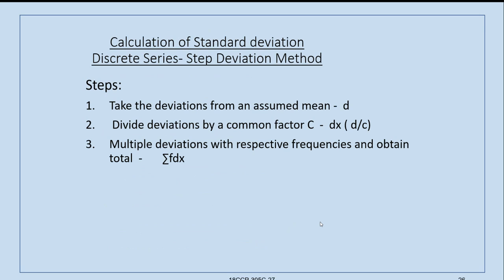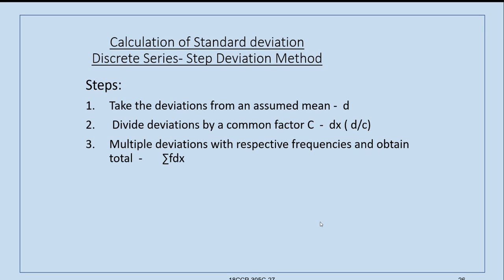Now, calculation of standard deviation from a discrete series, step deviation method. The steps are: take the deviations from an assumed mean, that is d. Everything we have done in the second method we will do here, but one thing is we will take a common factor.